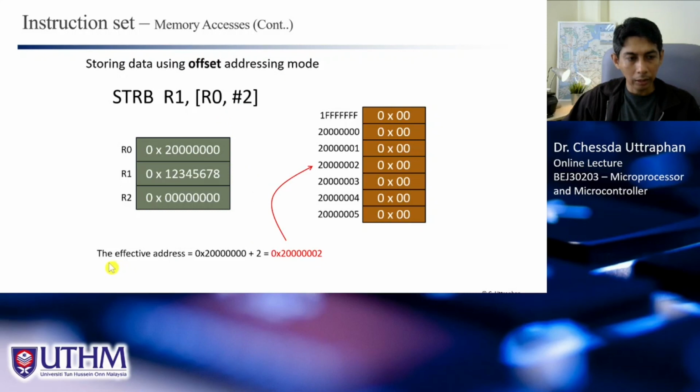So the effective address is this value plus the offset, so we get this value. It means the actual address that we want to access is this, not this. The address in the register plus the offset. So the value from here will go to here, 78. So that is the offset.